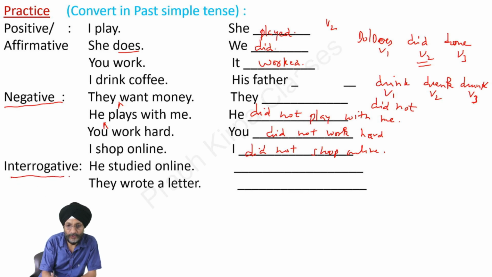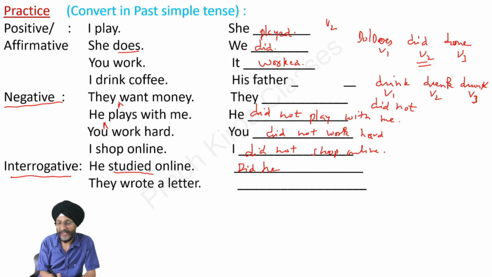Here we have to make the sentence interrogative. He studied online. As already told, we have to start the question with did. Did he? Here the second form of the verb is given, but as already told, when we have to make the sentence negative or interrogative, we have to use the basic form of the verb, that is the first form.